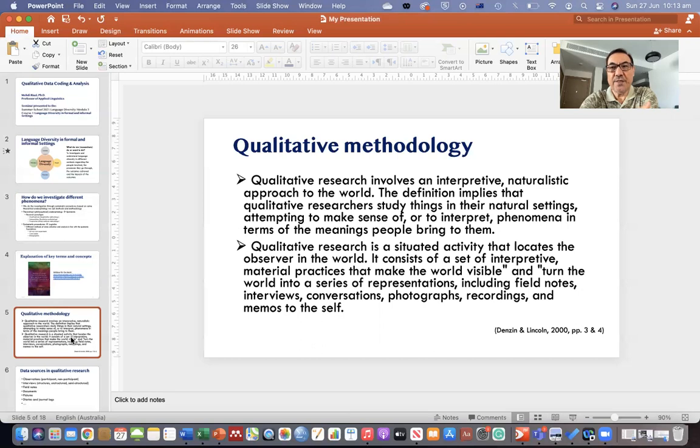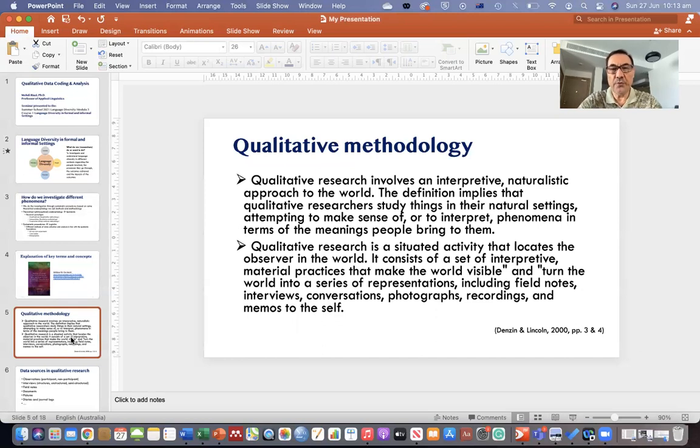So as you can see, it is linked to the interpretive paradigm, and also it is naturalistic in the sense that there is no intervention, contrary to quantitative methodology, where researchers usually intervene in the research. The definition implies that qualitative researchers study things in their natural settings, attempting to make sense of or to interpret phenomena in terms of the meanings people bring to them. So it's mostly about what participants or people think about or behave or react or reflect.